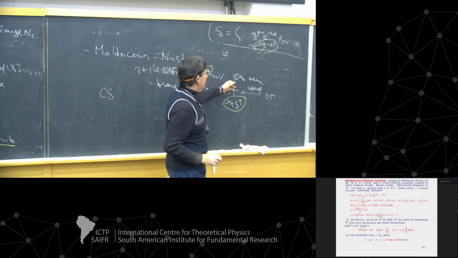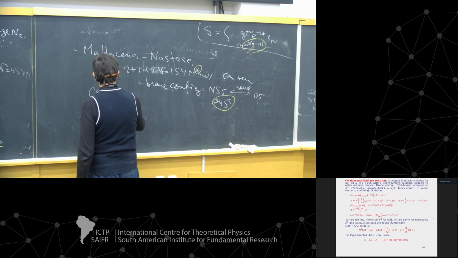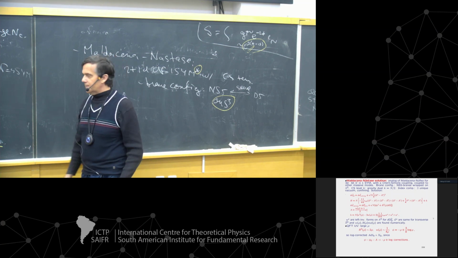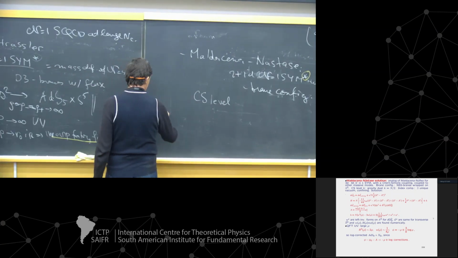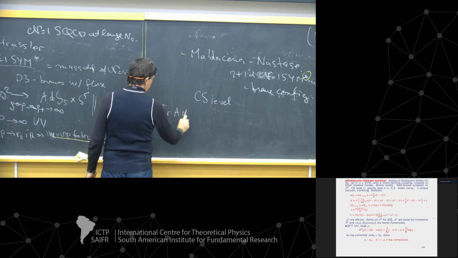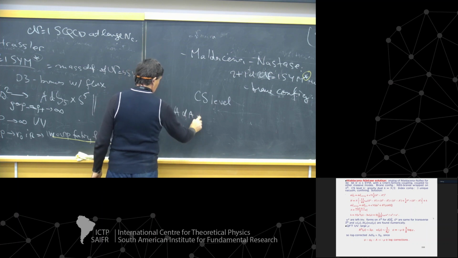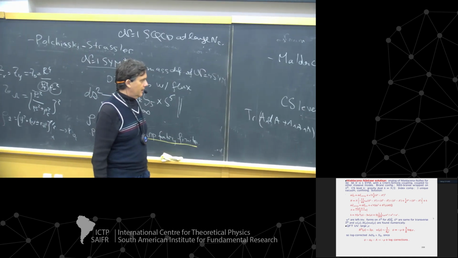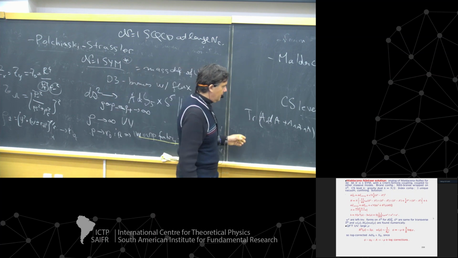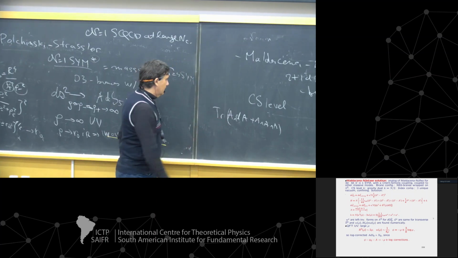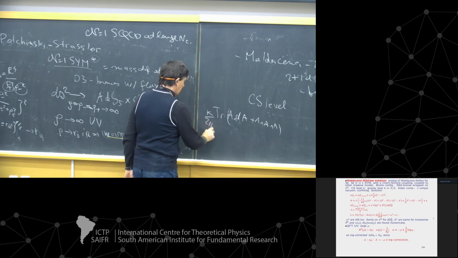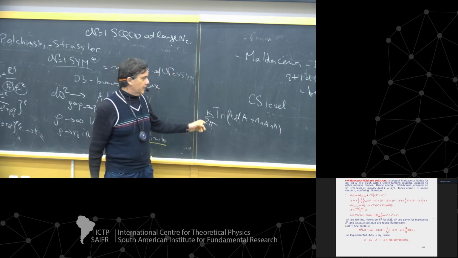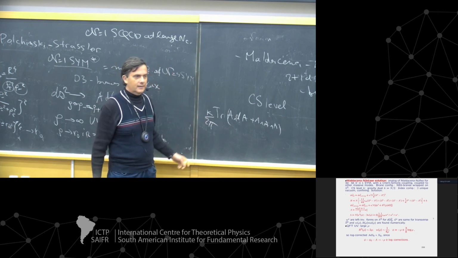These Chern-Simons terms have a level or quantized coefficient. In 3 dimensions, the Chern-Simons term is trace A wedge dA plus A wedge A wedge A. But in the quantum theory, one can show that the coefficient needs to be a quantized integer divided by 2 pi.